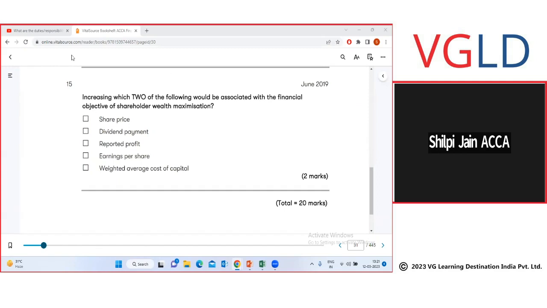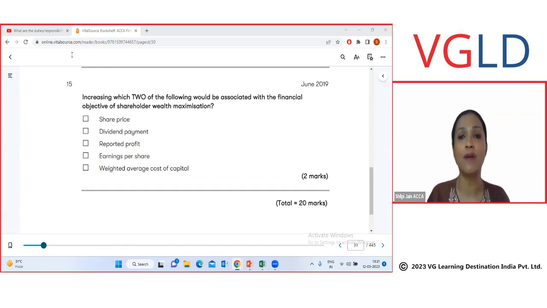So let's have a look at this question. Increasing which two of the following would be associated with the financial objective of shareholder wealth maximization?